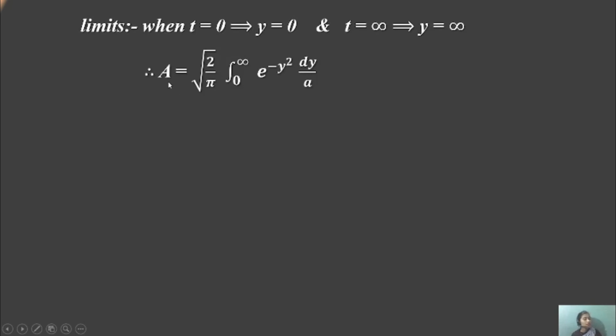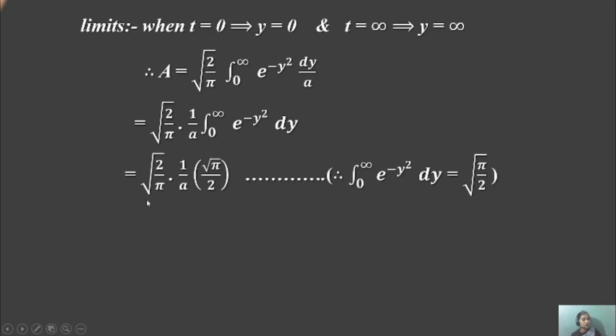Then a equals square root of 2/π integral from 0 to infinity of e to the power -y² dy/a. Solving, 1/a is a constant, so square root of 2/π times 1/a is common, with integral from 0 to infinity of e to the power -y² dy.